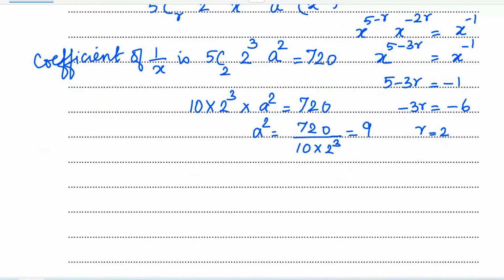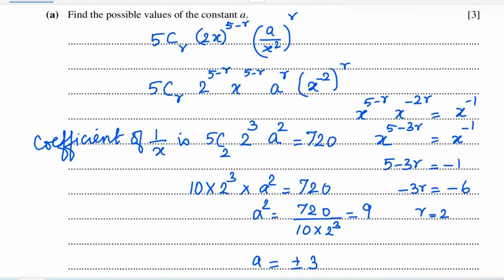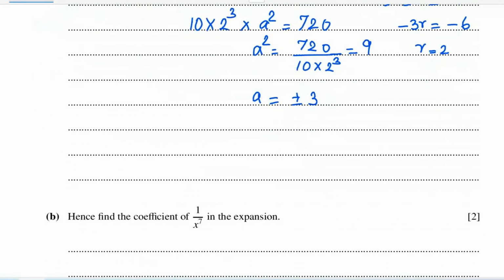So a square equals 9. So a is equal to plus or minus 3. So it's given, find the possible values of the constant a. So the values of a are plus or minus 3.